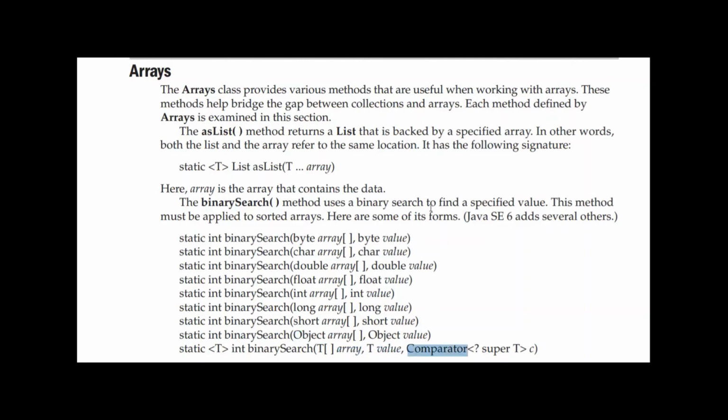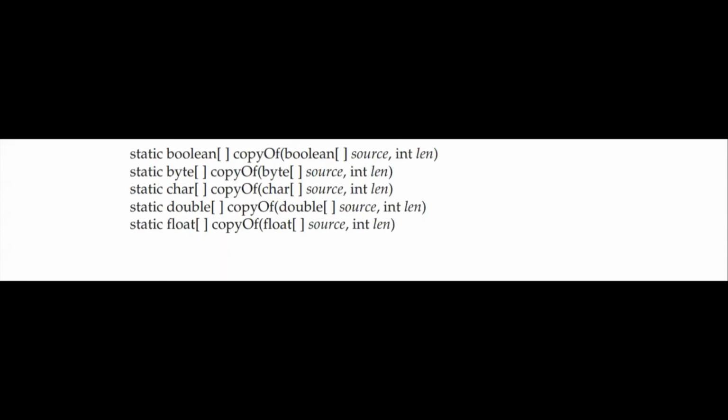So all the things are passed over here. This binary search works on all the basic data types as well as on the collections. The arrays are capable of throwing some exceptions also.